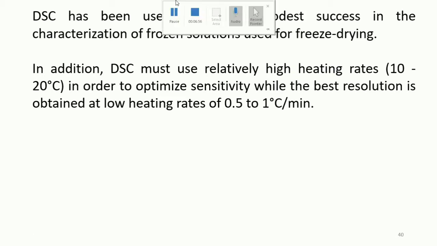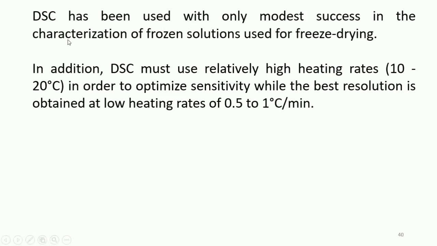In addition, differential scanning calorimetry must use relatively high heating rates. These heating rates may be 10 to 20 degrees Celsius per minute in order to optimize sensitivity, while the best resolution is obtained at low heating rates of 0.5 to 1 degree Celsius per minute.